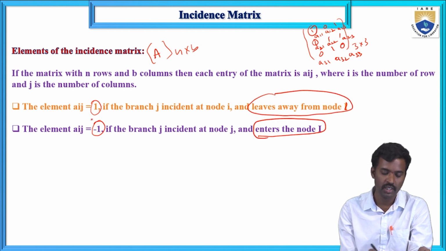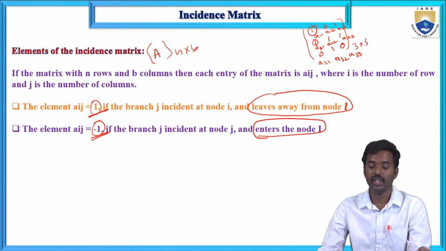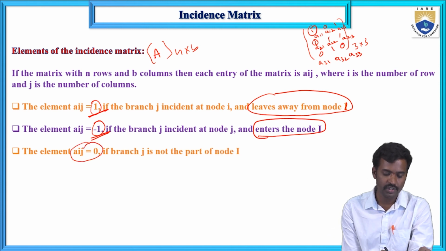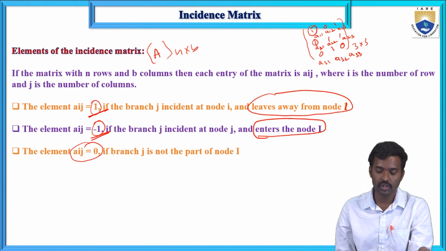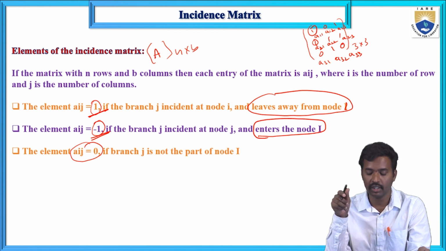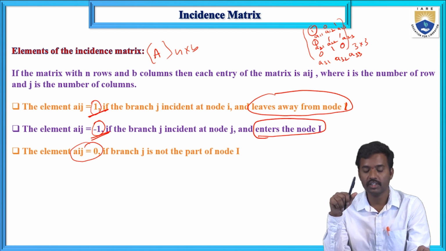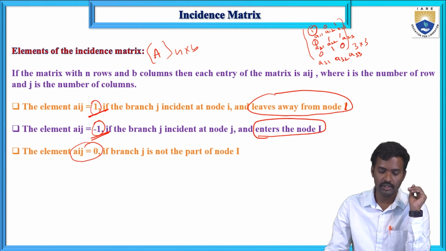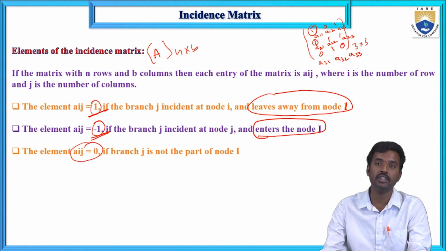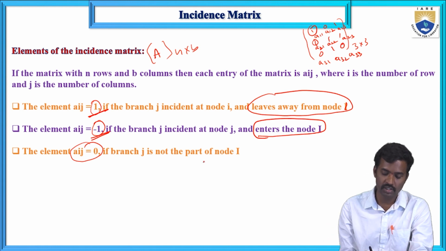Leaving away from the node means plus 1, entering the node means minus 1, and a(ij) equal to 0 indicates that the branch is not associated with the node, that is, the branch is not a part of node i.